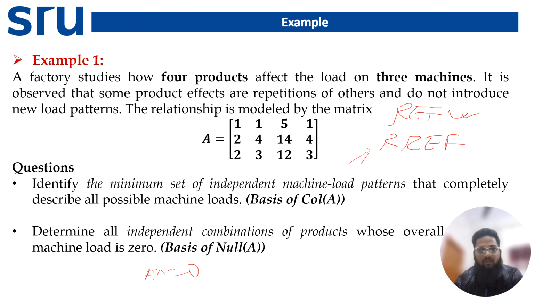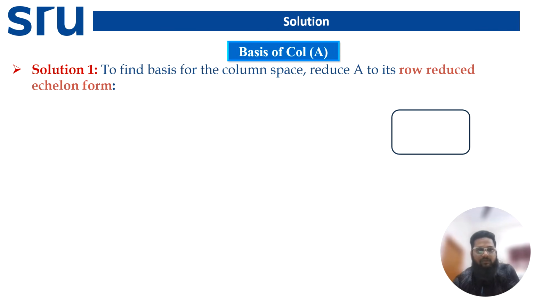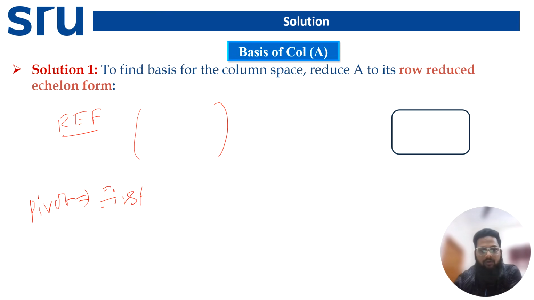REF, row echelon form, is a special type of matrix where the pivot is the first non-zero element in a row.